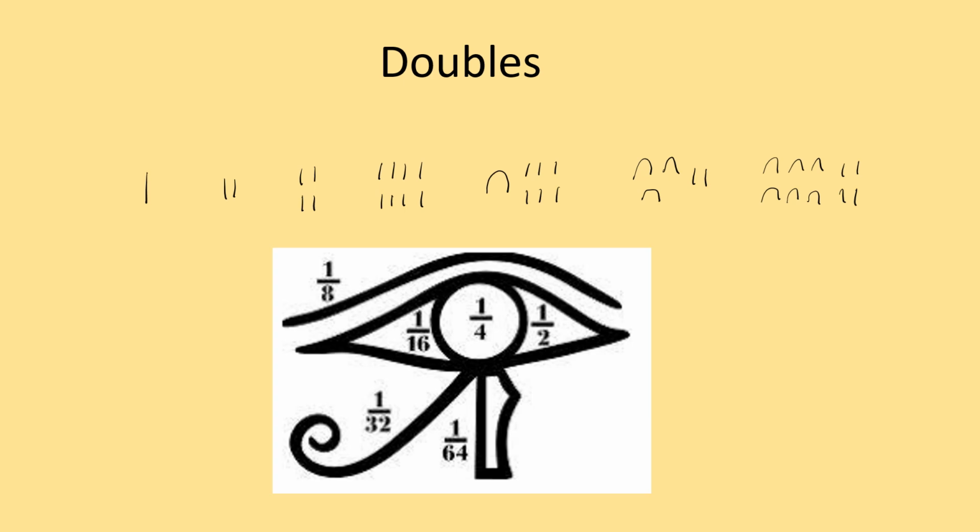In lesson 1, we encountered some of these doubles as denominators of the unit fractions in the Wedjat. So we see the 2, 4, 8, 16, 32, and 64. Again, they appear as parts of the Eye of Heru, which, as I indicated, was a magical eye that was put together by Netcher Djehuti.